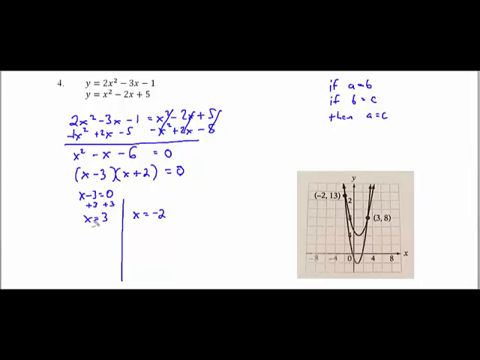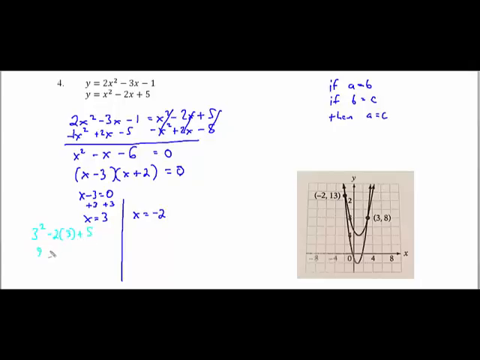So I'm going to take this idea of x is equal to 3, and I'm going to plug that into the bottom equation. The reason why I want to plug it into the bottom equation is because it has fewer negatives. And we, as humans, usually make more mistakes with negatives than we do positives. So I will now plug the 3 in for every instance of x. So now I've got 3 squared minus 2 times 3 plus 5.